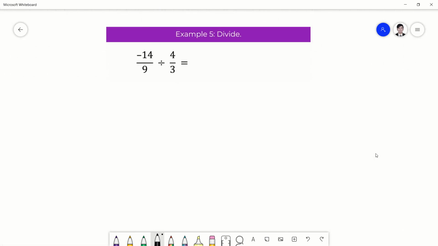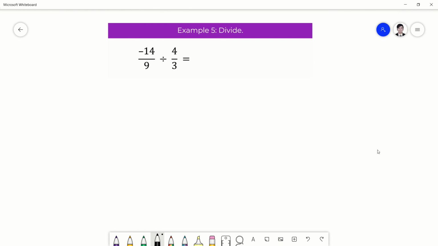Let's have example 5. Negative 14 over 9 divided by 4 thirds. So same, negative 14 over 9 would still be the same as times the reciprocal of 4 thirds, which is 3 fourths.